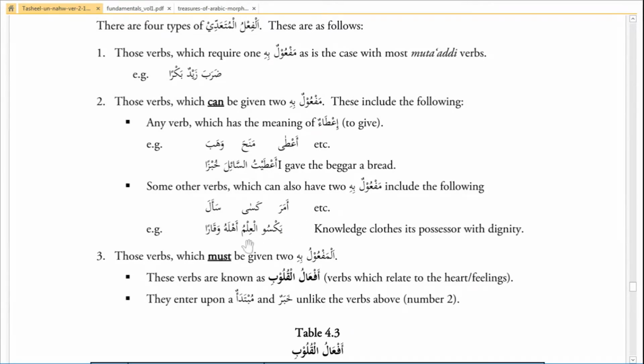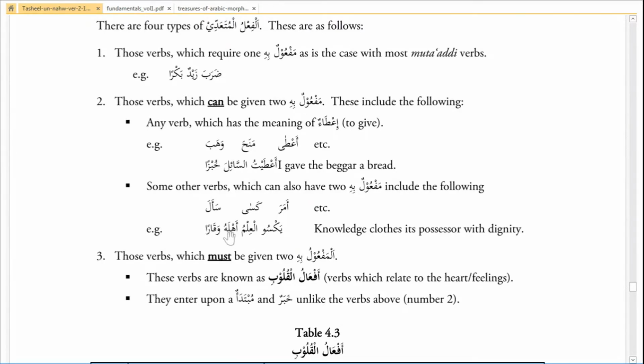Here I give you an example: يكسو العلم أهله وقارا. يكسو means to wear, from kasa. العلم, knowledge, clothes أهله, its possessor, وقارا, dignity. So يكسو needs two maf'ul: أهله and وقارا.